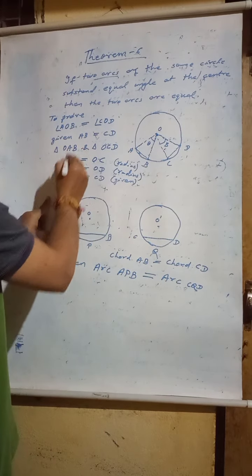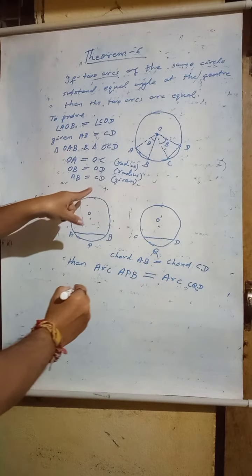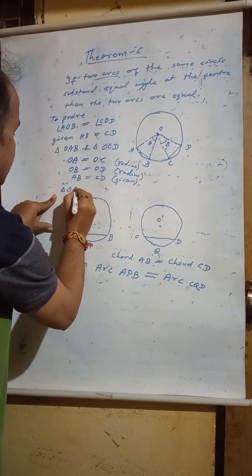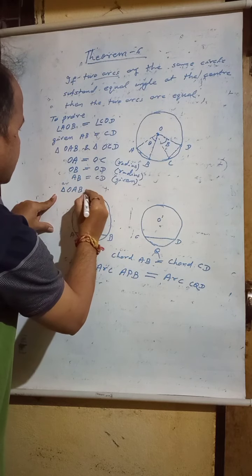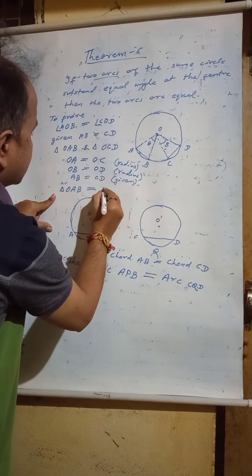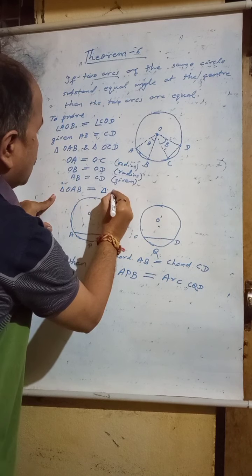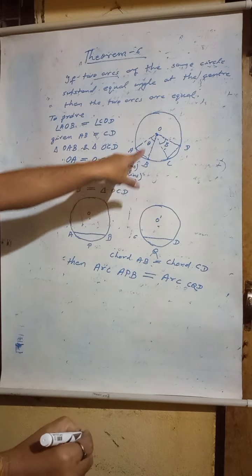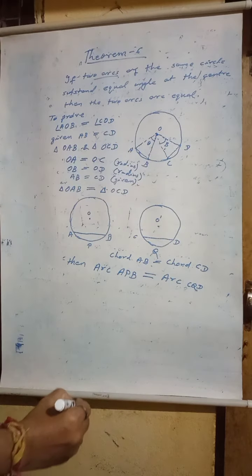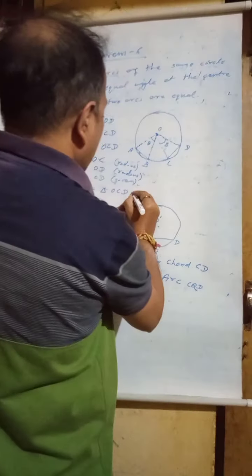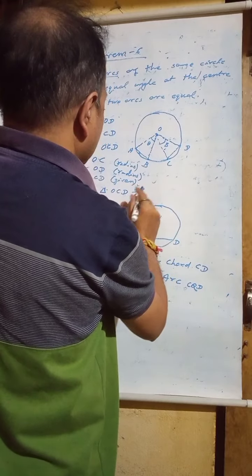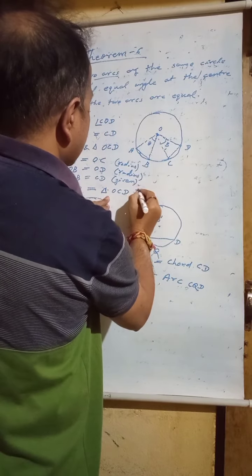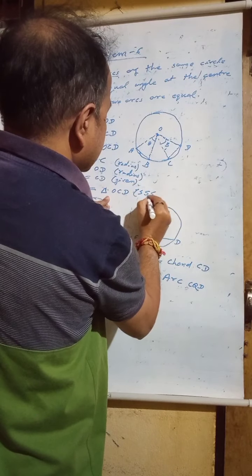So now what will happen? These two triangles will be congruent. Triangle OAB is congruent to triangle OCD. On what basis is it congruent? SSS.